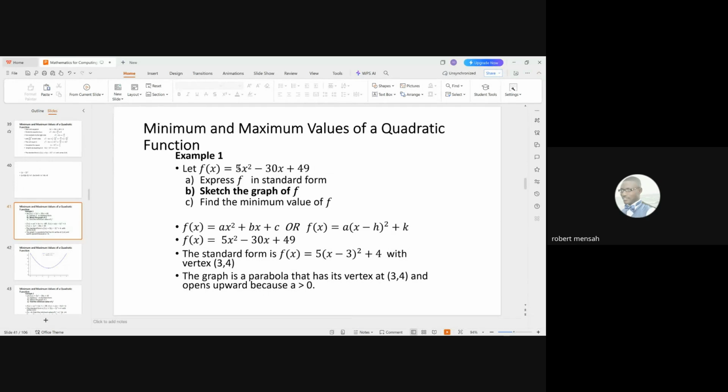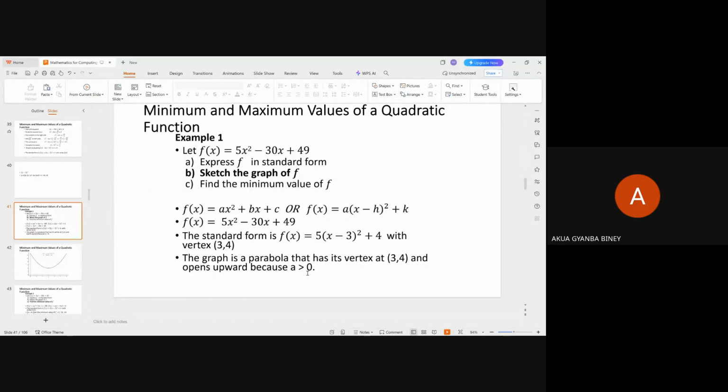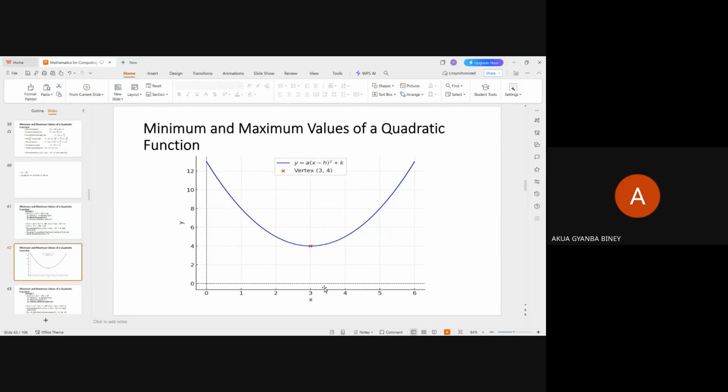You look at A. A is what? 5. And 5 is greater than 0. So it will open upwards. Note that it will open upwards because it is greater than 0. So when sketching, this will be your sketch. It is not in your notes anyway, but this is your sketch.